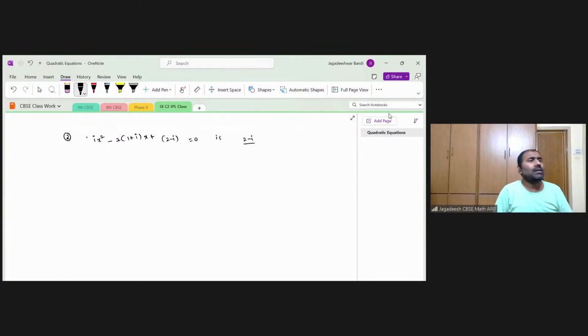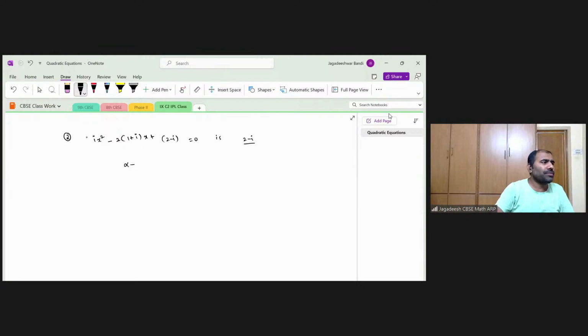Here, better we go with alpha plus beta. Whenever one root is given and we have to find the other root, better we go with alpha plus beta or alpha into beta. In most cases, better we go with alpha plus beta.